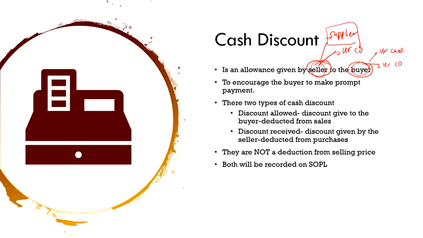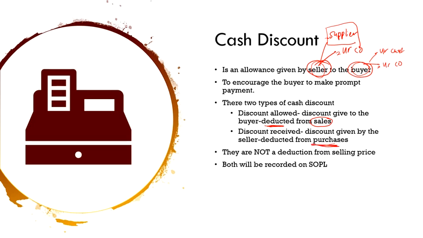Okay. So maksudnya kalau if you give discount allowed to your customer, the adjustment that you need to do is that you need to deduct from the sales. Whereas when you receive a discount from your supplier, you need to deduct from your purchases.